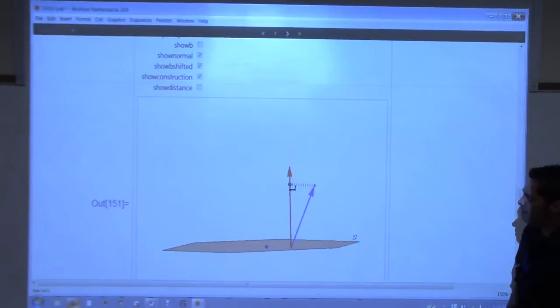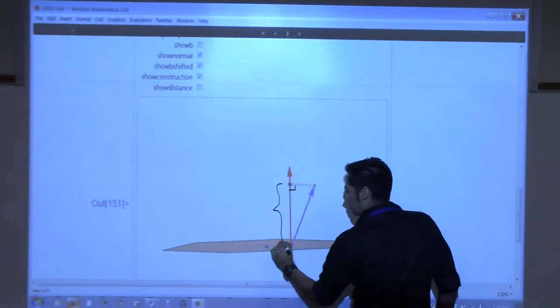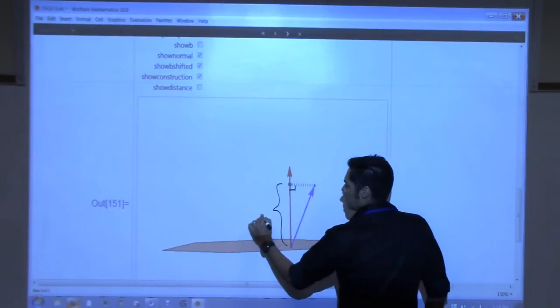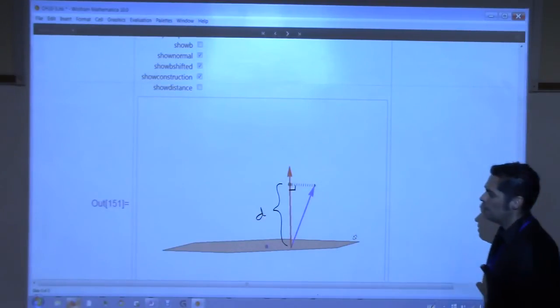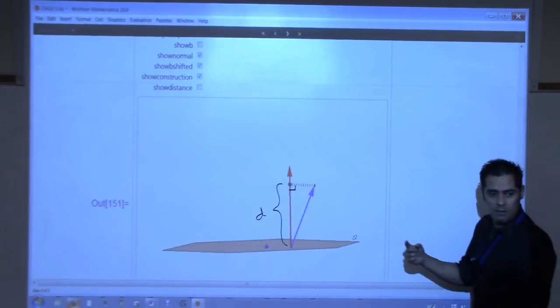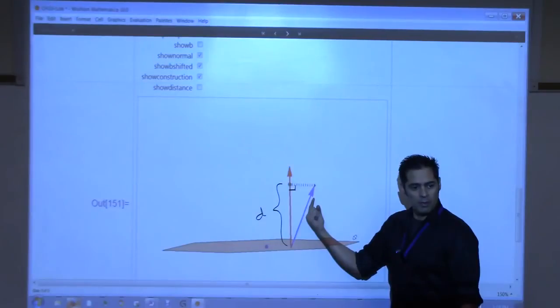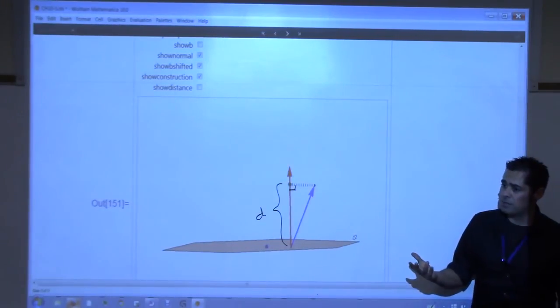Can somebody tell me, just in layman's terms, not a formula, what this distance, I use little d, would be? It would be the component of the blue one onto the red one. So remember we talked about vector projections?